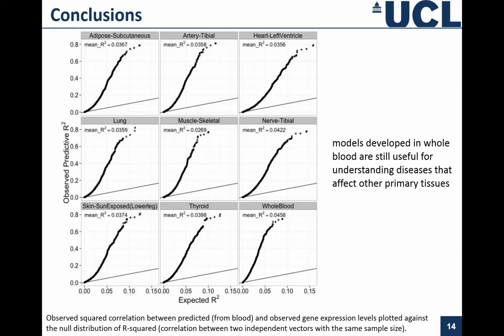So if this stands this way, we are able to use gene expression levels derived from blood samples to investigate diseases like epilepsy, where we would assume that the affected tissue must be something other than blood.